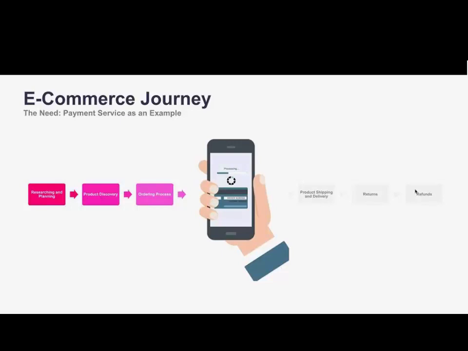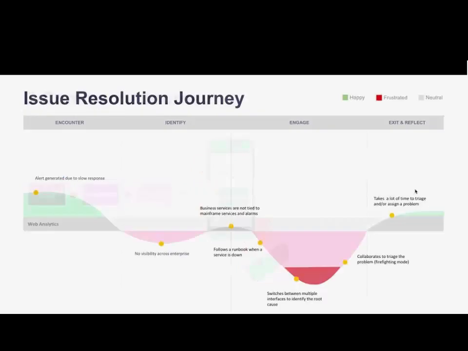Now we'll take a hypothetical scenario where a user is trying to make a payment and the response is slow. From this point onward, how is the L1 operator, or the IT operations team, going to handle this situation? This is the journey we are going to talk about.